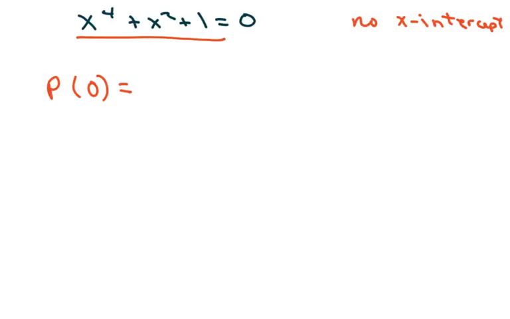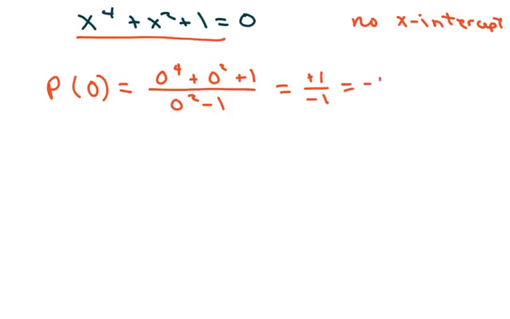So everywhere there's an x, you put 0. So we get positive 1 over negative 1, which equals negative 1. So we do have a y-intercept at 0. When x is 0, y is negative 1.